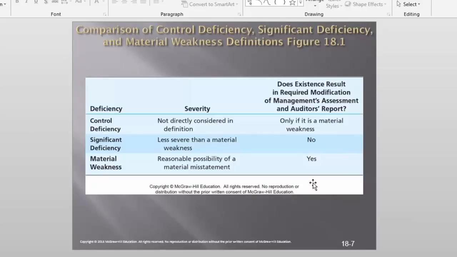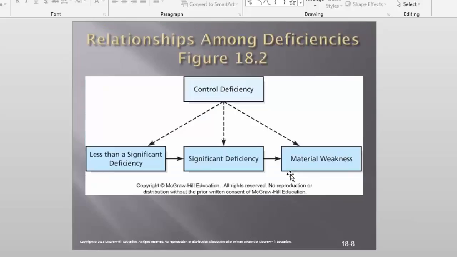Now keep in mind that we're talking about internal controls. So from an internal control perspective, we are not considering whether or not these weaknesses in fact created material misstatements. So in fact, theoretically, you could have a material weakness in internal controls, but not have any material misstatements in the financial statements.